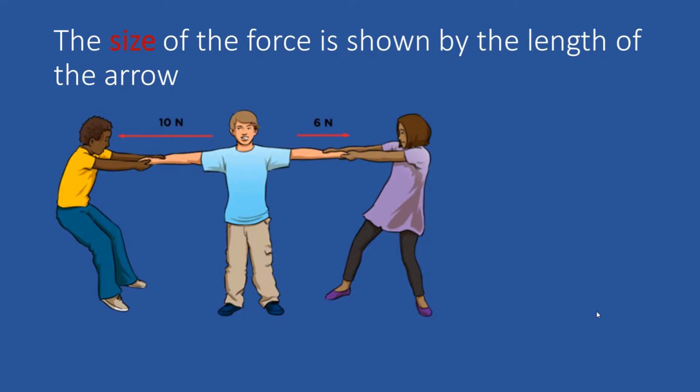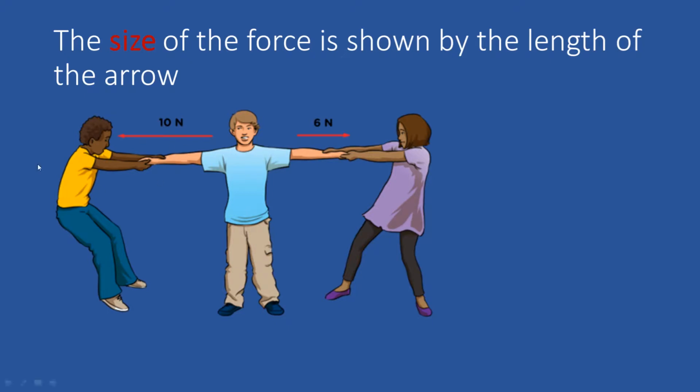How can I represent this force on the paper? I represent the size of the force, which is the power of the force, by the length of the arrow. If I increase the length of the arrow, the force is bigger.